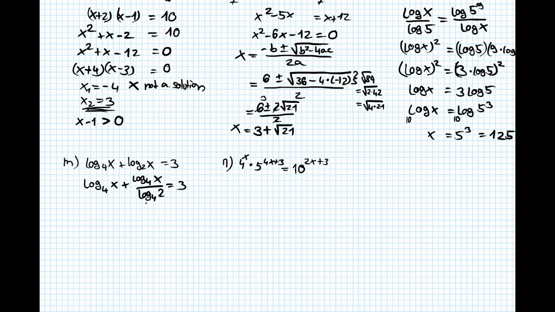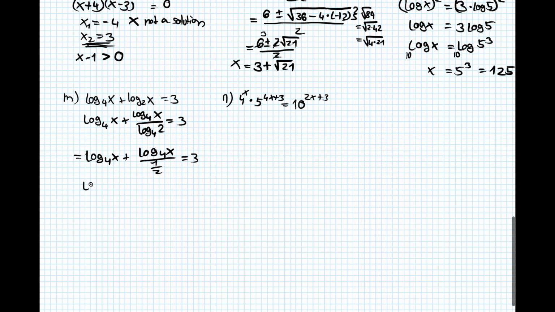Okay, so log base 4 of 2 is just equal to 1/2, because 4 to the power of 1/2 is equal to 2. So we have log base 4 of x plus log base 4 of x divided by 1/2. And if we take the reciprocal, it's just times 2.